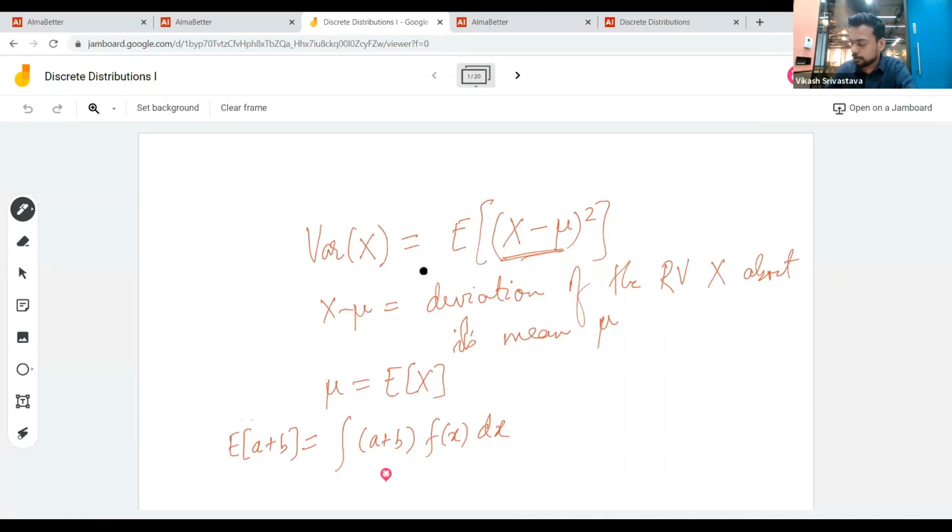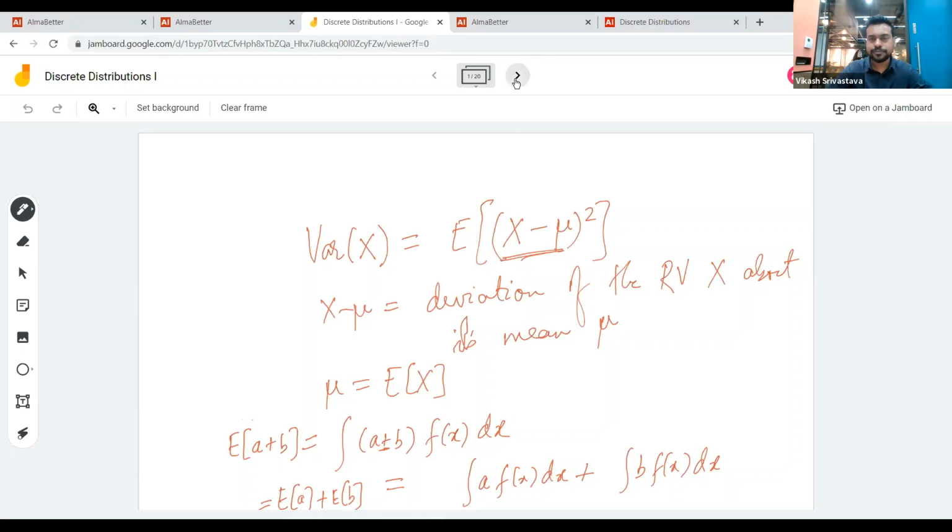Of course, you can write this as the integral of a f(x) dx plus the integral of b f(x) dx, because the integral or the summation can be distributed over the addition operator. Now a f(x) dx is nothing but the expectation of a, and b f(x) dx is nothing but the expectation of b. So the expectation of a plus b can be written as the expectation of a plus the expectation of b, in this fashion.